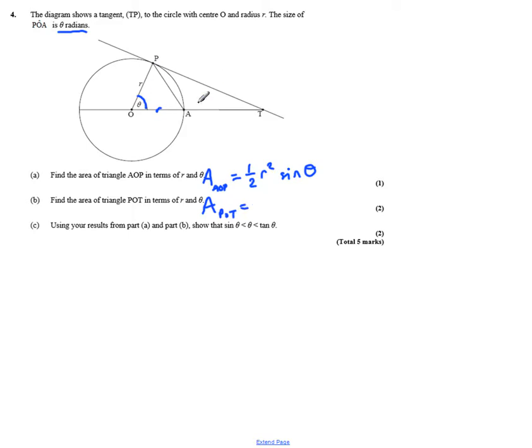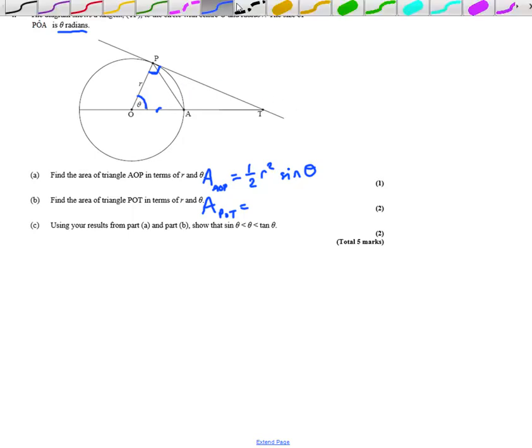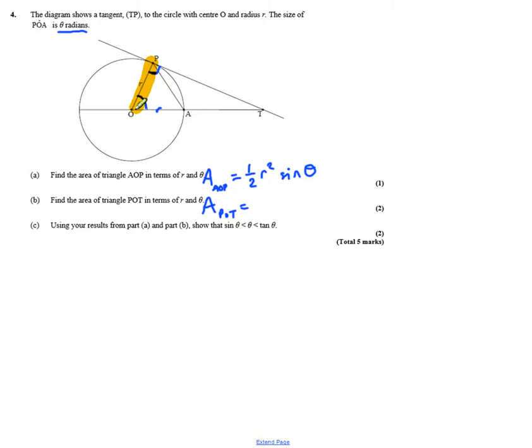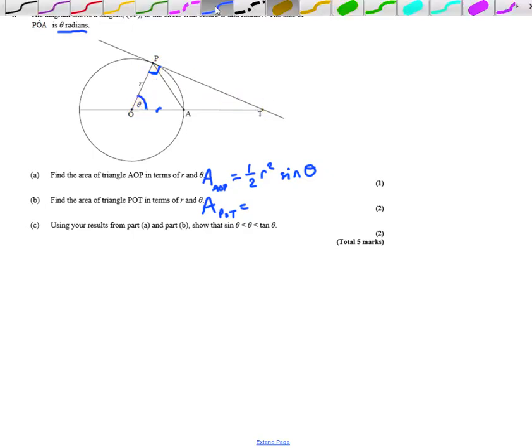Now for POT, clearly you've got a right angle here because this is a radius meeting a tangent. But now we've got to work out either what the length of this thing is, or ideally what the length of that thing is, because then we can do half base times height, and that would tell us the area.